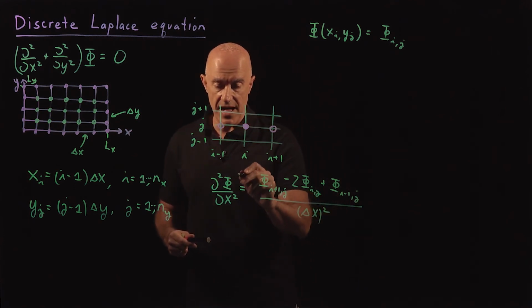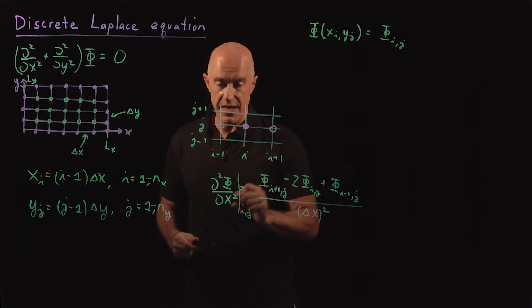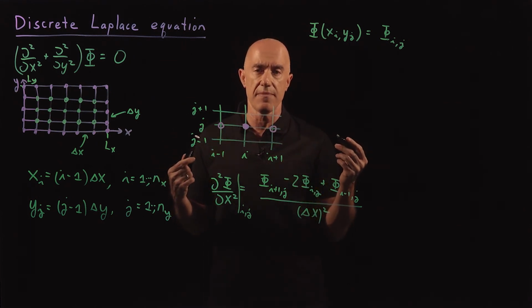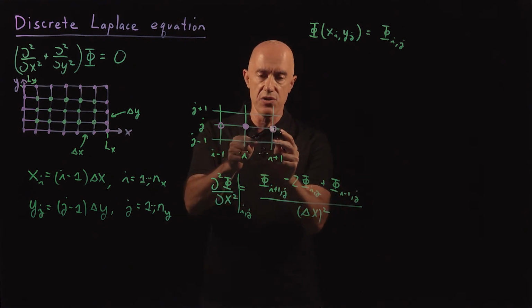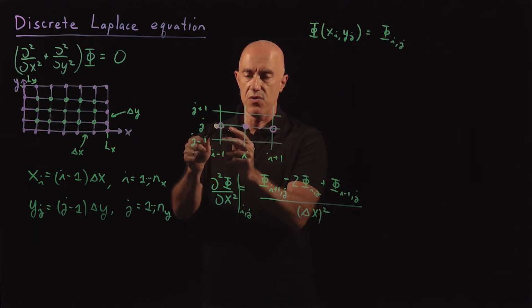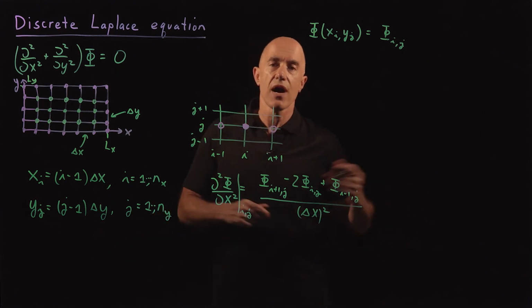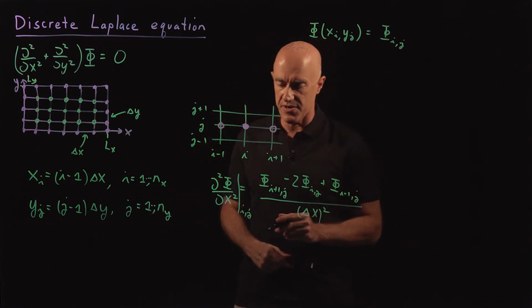And this is the value of the second derivative at the ij grid point. So the second derivative of phi at this middle point using the central difference approximation will be its value here minus twice the value at the middle plus the value on the left divided by delta x squared. That's why we derived the central difference approximation in the last video.